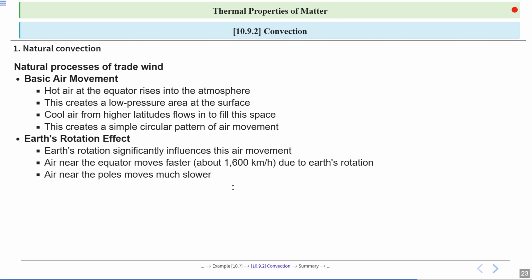Air near the poles moves much slower, and this speed difference deflects the movement of air. In the northern hemisphere it gets deflected to the right, and in the southern hemisphere it gets deflected to the left.